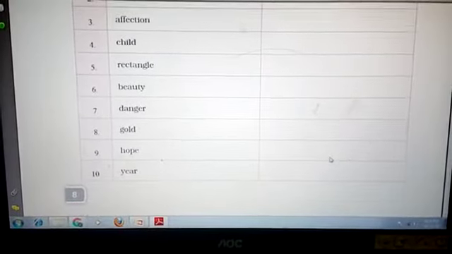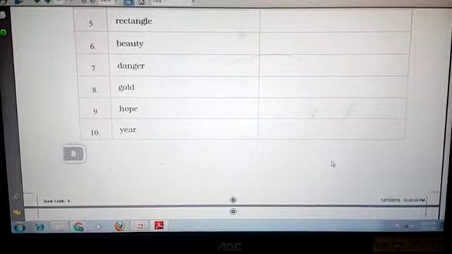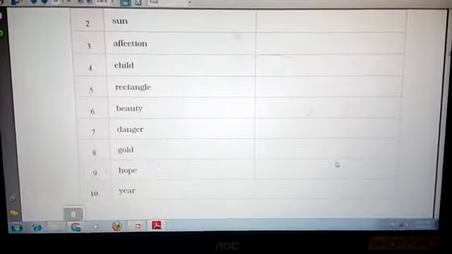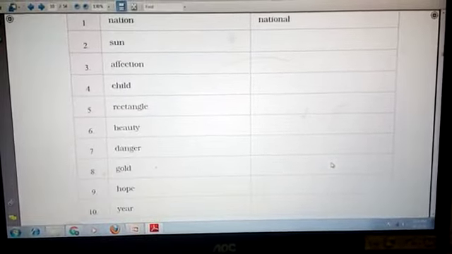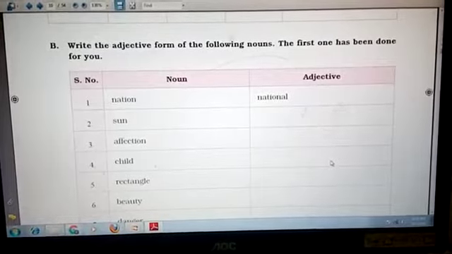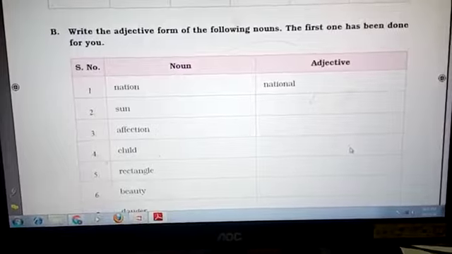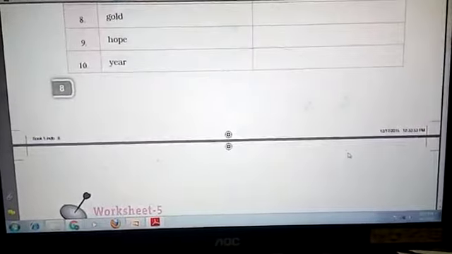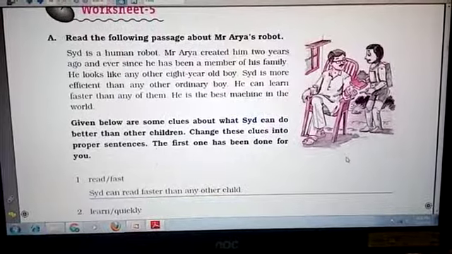Golden. Hopeful. And yearly. Yearly examination. So many suffixes are used here to change the form of the word from noun to adjectives. Accordingly, suffixes can be used to change the form of the word.